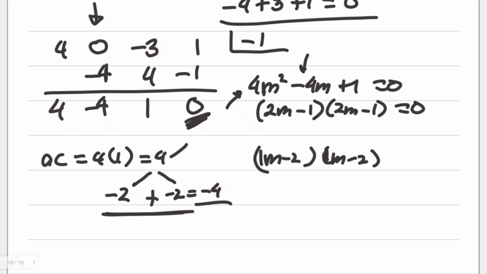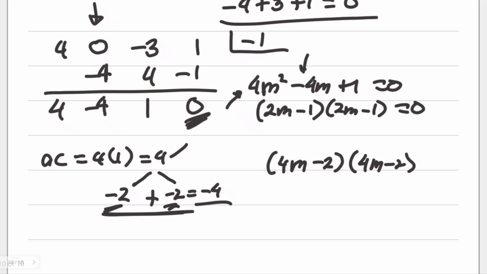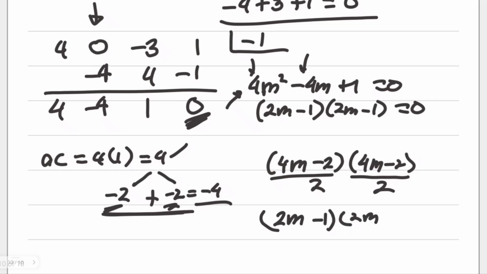So what you need to do here is simply copy our coefficient 4, 4m, and then minus 2, 4m minus 2. So you'll have here 4m minus this, and 4m minus this. But of course, when you have 4 times 4, that's 16. That's not 4. Hence, you can simplify this further: factor out 2, factor out 2. You will have 2m minus 1, 2m minus 1, equal to 0. Similar to that, please review your factoring as well.